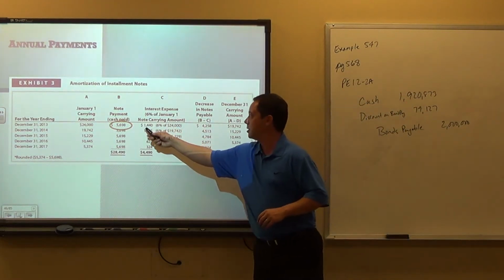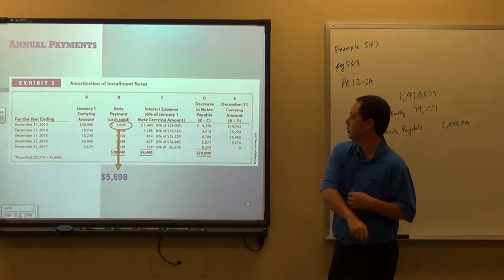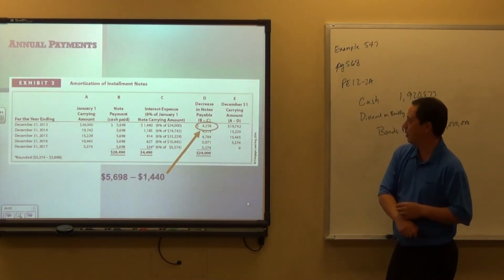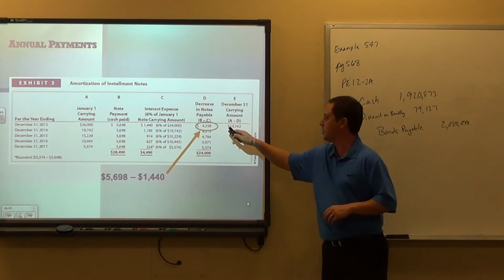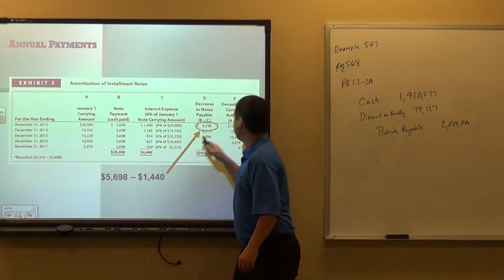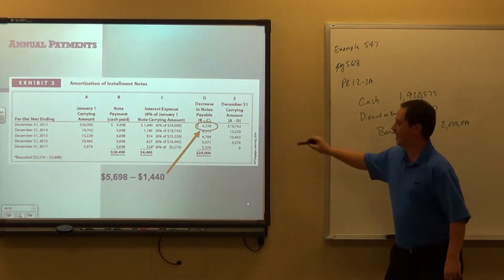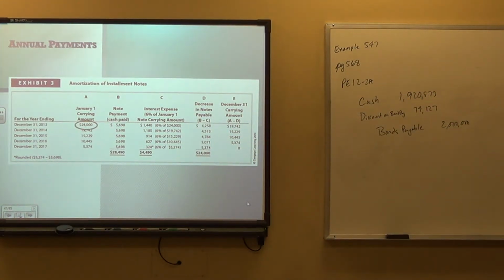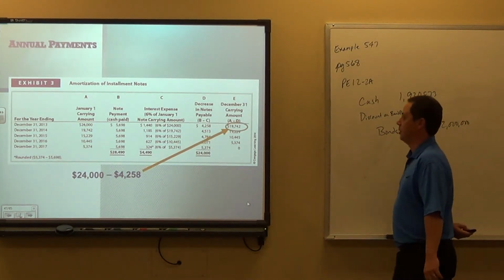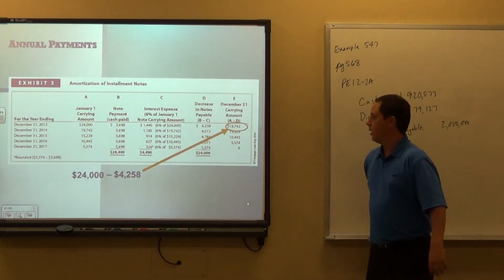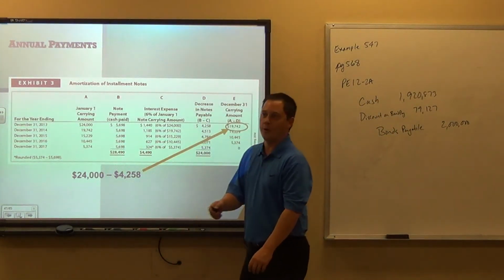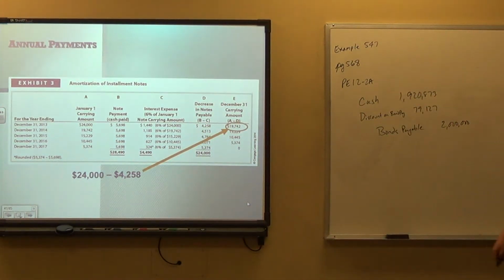That means I take this minus this is that. Then we take that minus this to give me this one. You can see the letters there, it kind of tells you, and that's also in your book. So A minus D equals that. Then you'll take that over to here as the next year's carrying amount to start over. It'll be the same trend again.